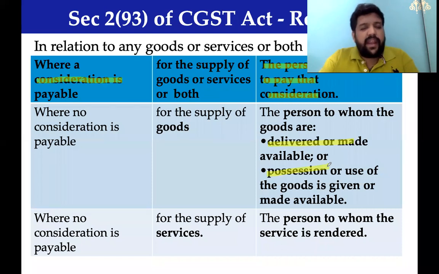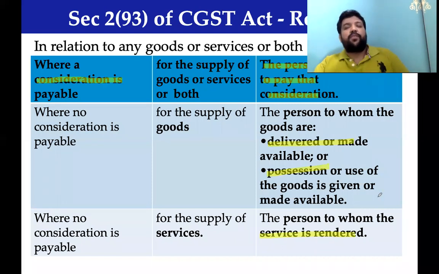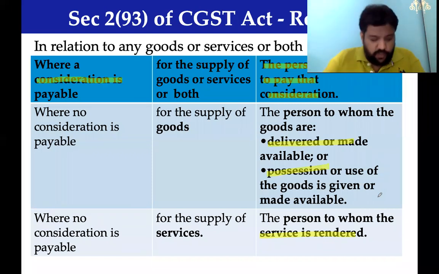Similarly, in case of services, the person to whom the service is rendered would be treated as the recipient. In my case, when I provide services to my client, the client becomes the recipient. In your case, the academy provides the services to you, so you become the recipient. The academy becomes the supplier. Beyond that, nothing great about it.